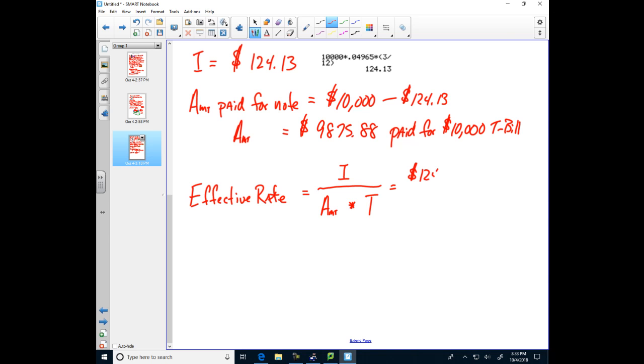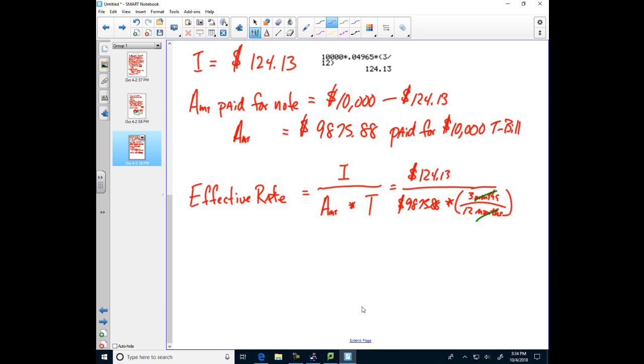So 124.13, and then down here we're going to have 9,875.88 times the quantity 3 months divided by 12 months, and of course those cancel out, don't they?